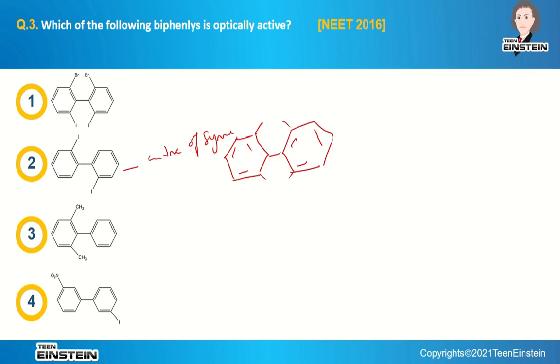Center of symmetry means on moving equal distances from the center towards the opposite sides, we will land on the symmetrical structure. So this is optically inactive. Improper substitution.